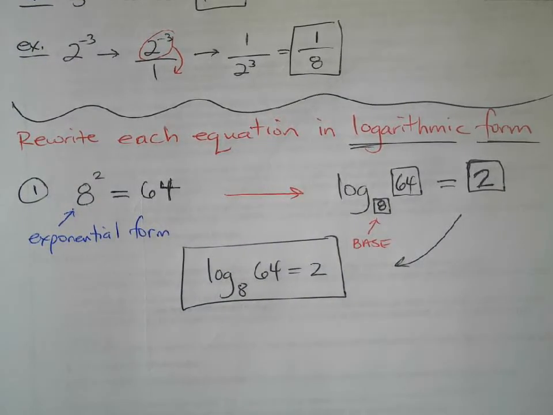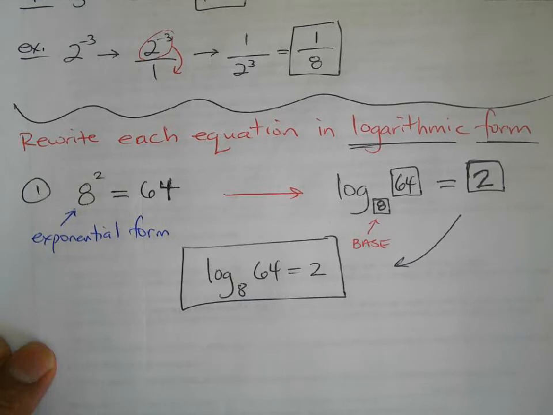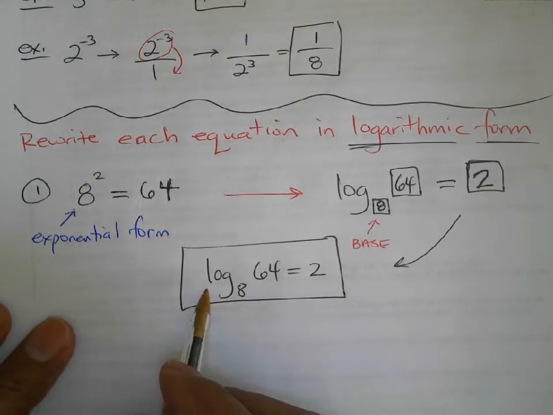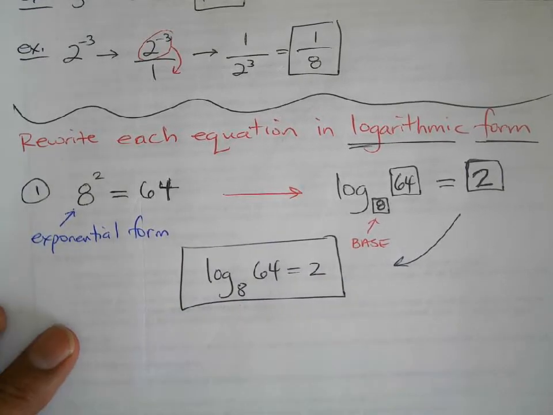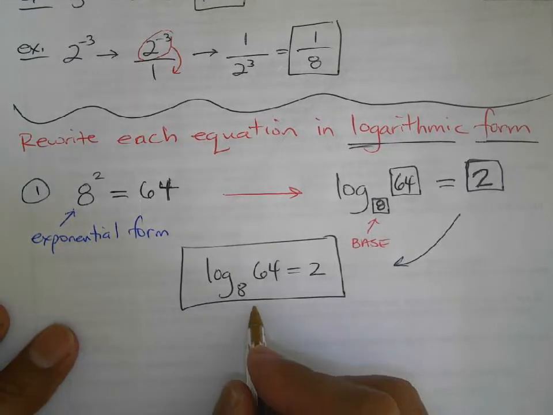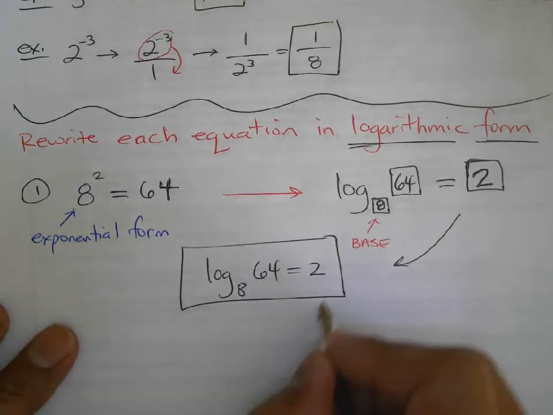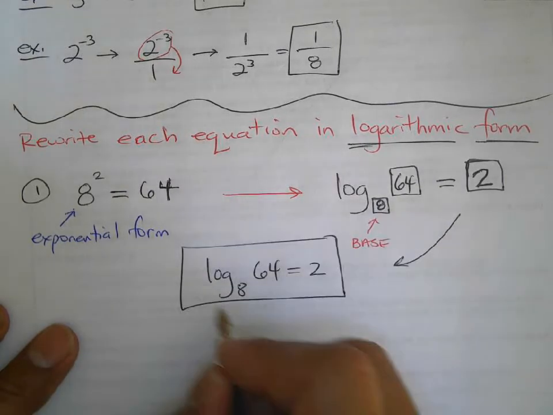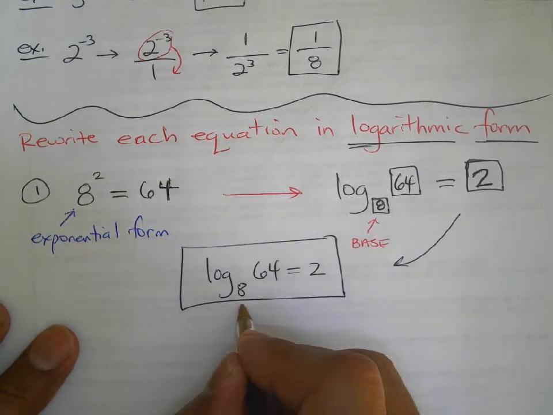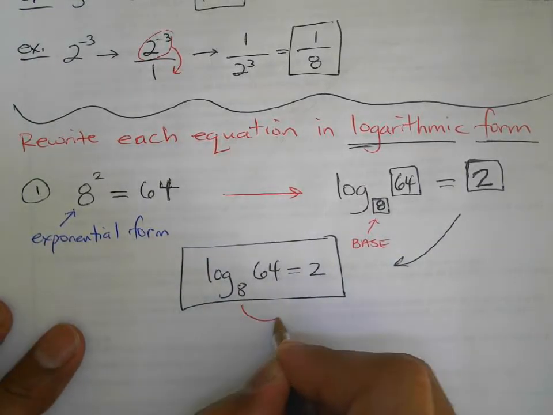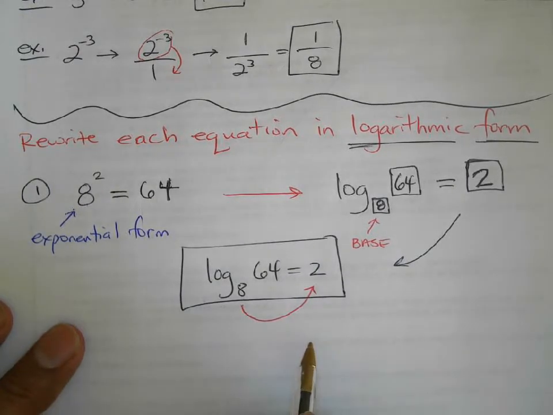Now I'm going to show you a little trick right now so that you know that you did it right. You can check this, because if you were to put the 2 here and the 8 here or something different, it's not going to work. You can check this if you read this counterclockwise. Starting with the base, counterclockwise, if I remember, clockwise is the way the clock runs this way. Counterclockwise is like to the left. If I start with the base, see, it'll say 8 to the power of 2.